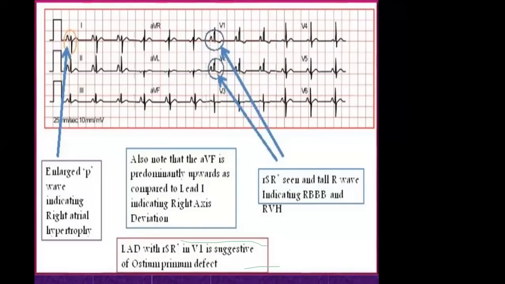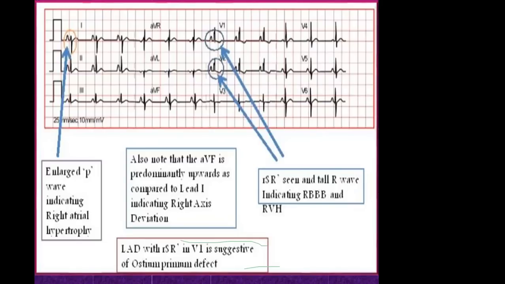And if it is right axis deviation, then it would be ostium secundum. There were so many signs we had spoken about when we did our ECG session earlier.